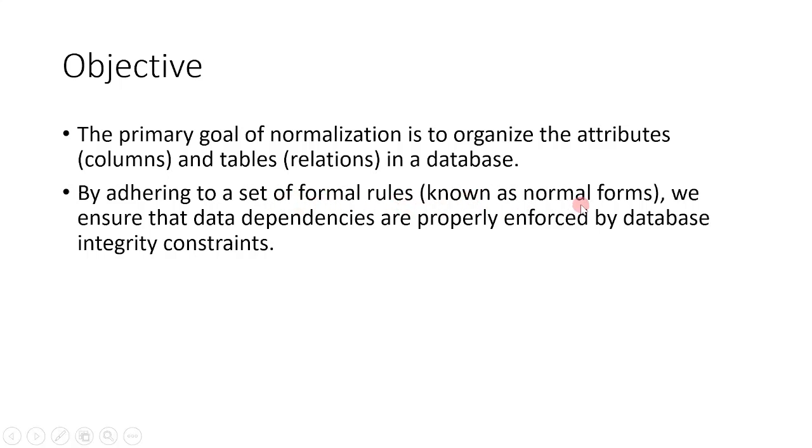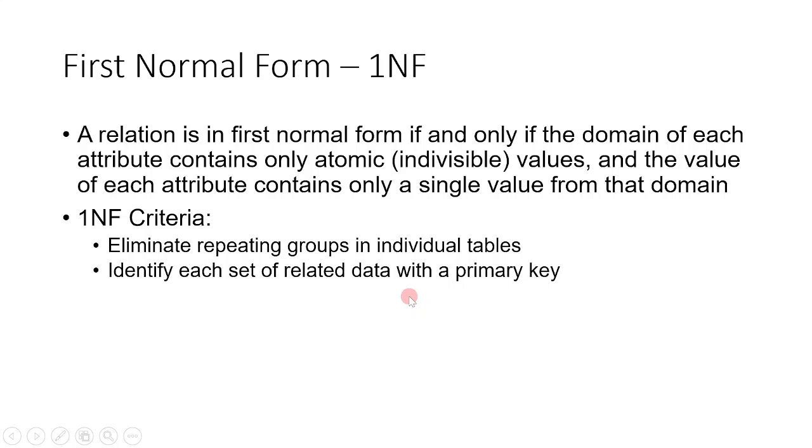We ensure that the data dependencies are properly enforced by database integrity constraints. As we go along with the different normal forms, we will be introduced to the database integrity constraints. So we're going to have first our first normal form.